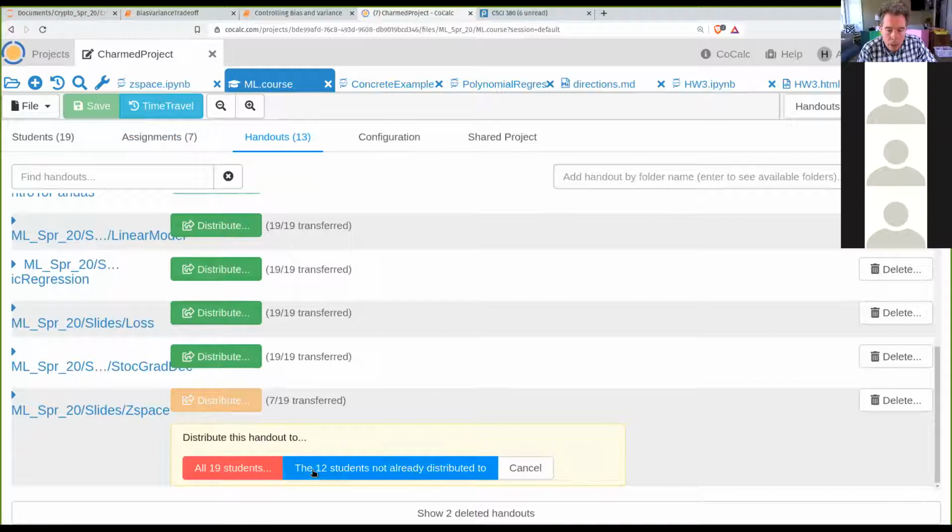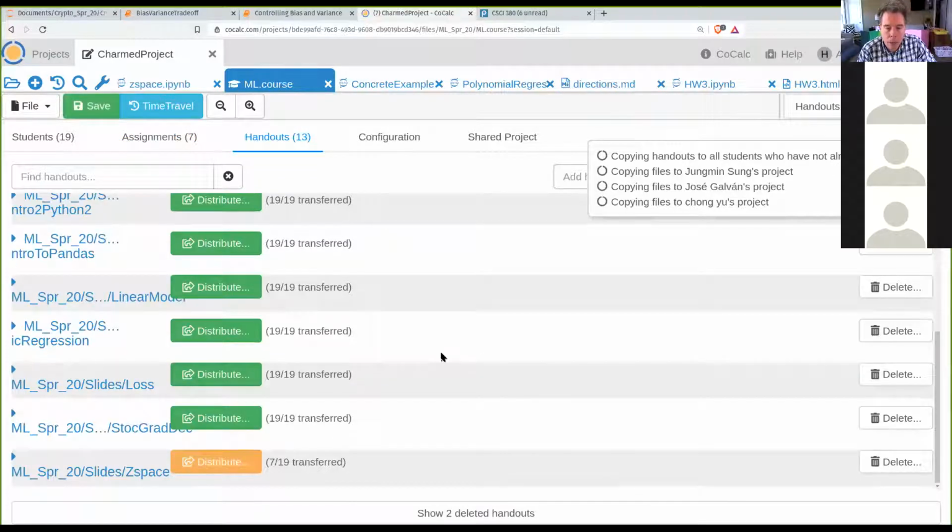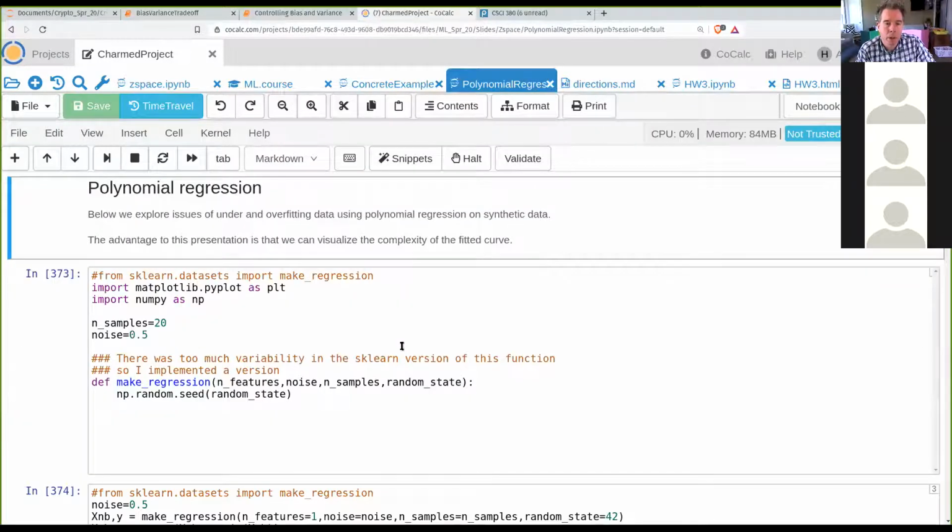So I'm going to click that and hopefully that will solve that problem. In slides, there should be a directory called ZSpace. So only 7 people had it. I'm sorry about that, but everybody else is getting it now.